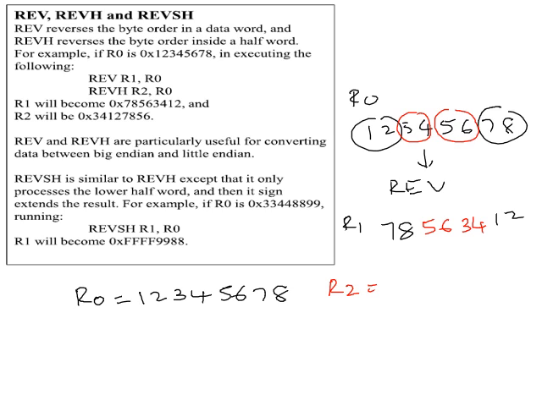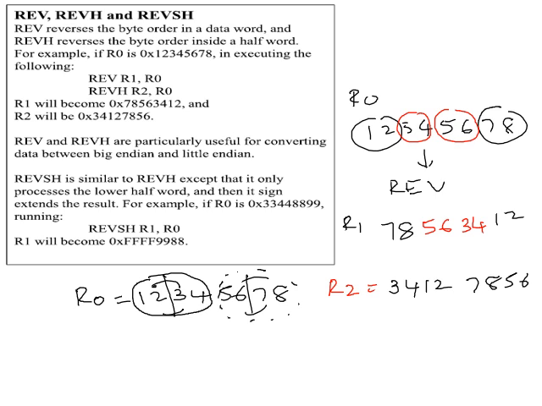The result will be 3412 7856. This part will be interchanged among themselves, and this part will be interchanged. So this becomes 3412, then 7856. Half word, half word, correct? 16 and 16, they are interchanged.